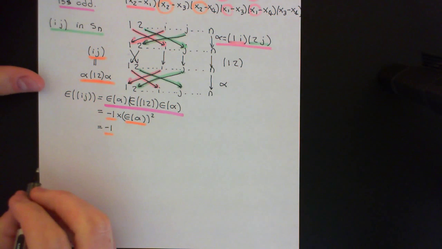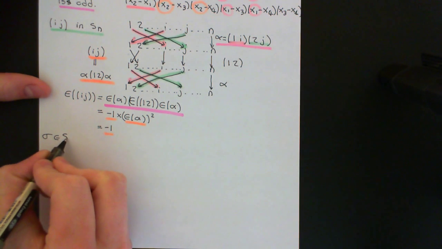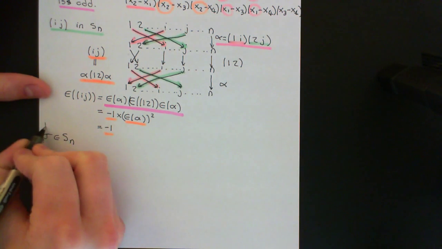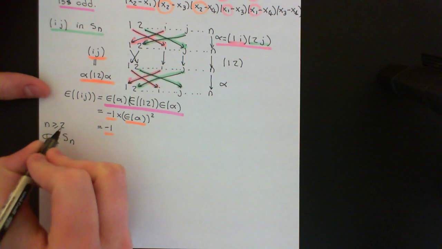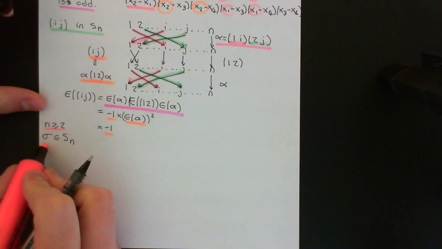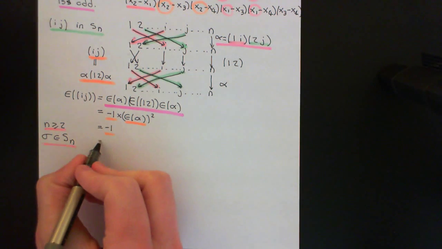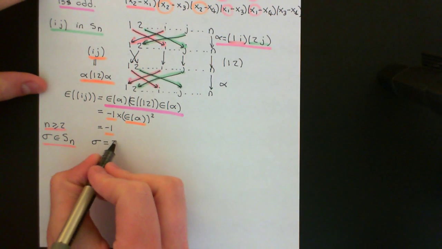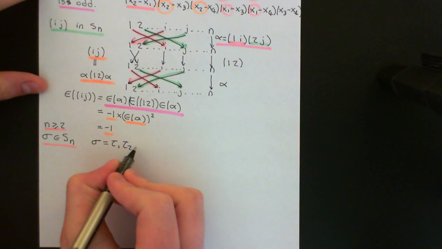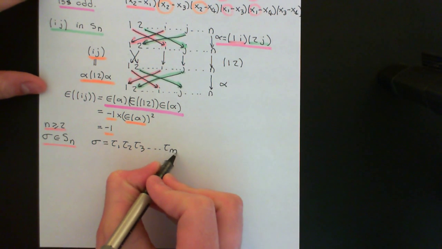Okay, so this is how we can do it then. So if I've got some sigma in the symmetric group on the set of n elements, and again I'll remind you that we're assuming n is greater than or equal to 2, let's say I have decomposed it into a series of transpositions. So let's say that sigma can be written as, let's say, tau 1 composed with tau 2, composed with tau 3, etc., all the way down to some tau m.